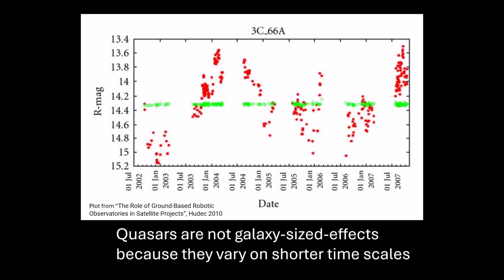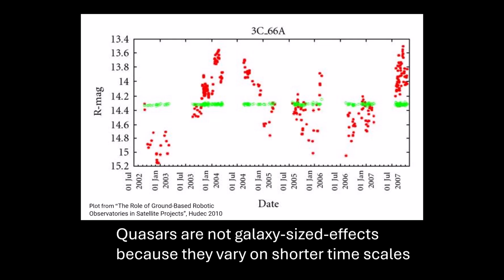Galaxies are hundreds of thousands of light years across. So if it was one effect in the galaxy, it would take 100,000 years or more to make a change that would affect everything in that galaxy. It can't just be one effect that simultaneously affects the entire galaxy.